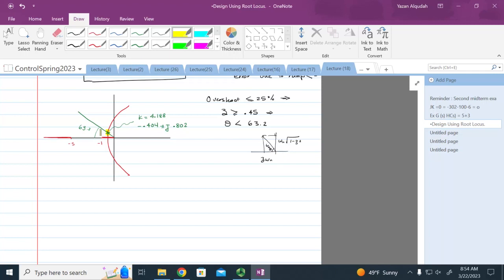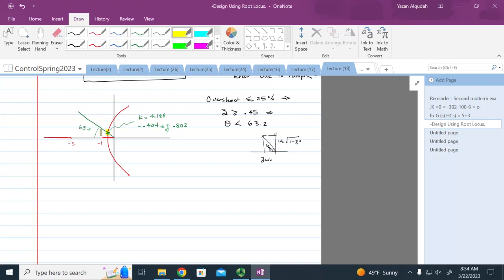I'm going to be operating in this region. This is going to be more underdamped. Remember, eventually it's going to be oscillating here. The lower the zeta, the more oscillation. If I want zeta equal to 1, I'm going to be critically damped, so I'm going to be here. If I want zeta greater than 0.45, then this is the region I'm allowed to operate in.